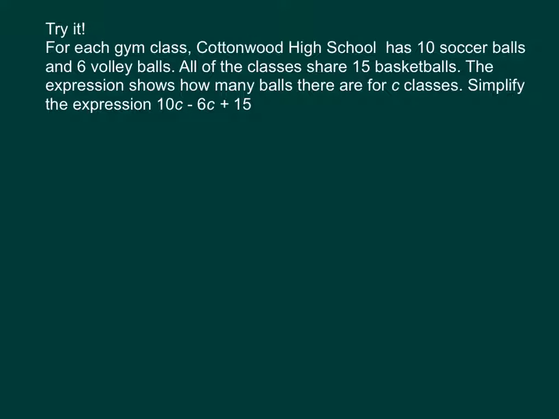Okay, let's go ahead and see how you did here. Our terms, 10C, 6C, and 15, we have two that are alike, 10C and 6C. We can combine those, and we're going to combine them with subtraction. 10C minus 6C. Let's see. 1, 2, 3, 4, 5, 6, 7, 8, 9, 10.